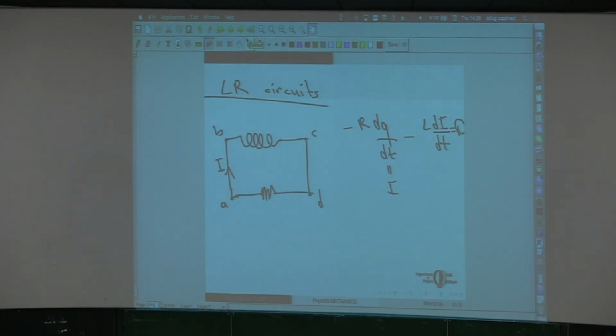Now if you look at this relation, this is our equation: L di by dt plus Ri is equal to 0, or di by dt is equal to minus R over L times I. So I should be such a function that its derivative is equal to itself.